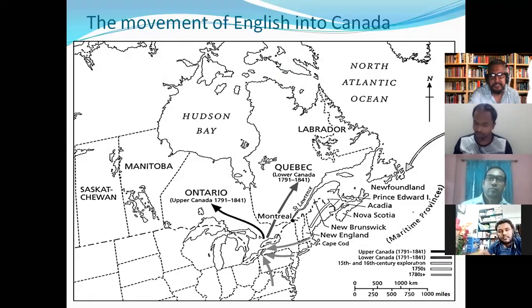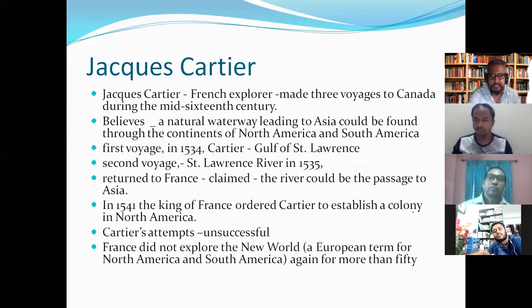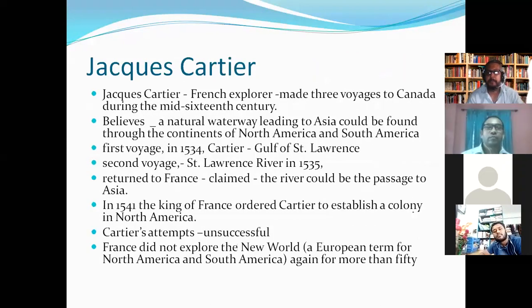And the French and the British people had enmity with each other. And at that time, there was a war between the French and the British. And when the British people got victory in the fighting between them, many French people left Nova Scotia and went to the other side of Canada.